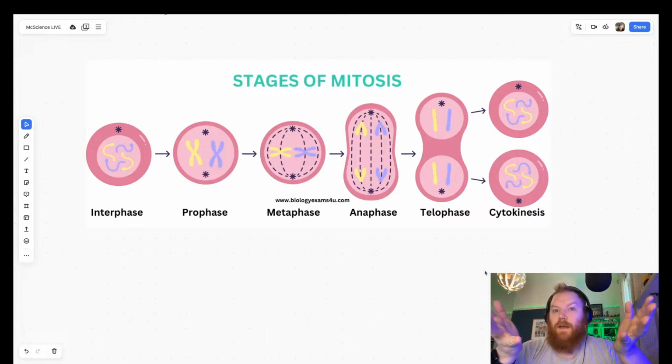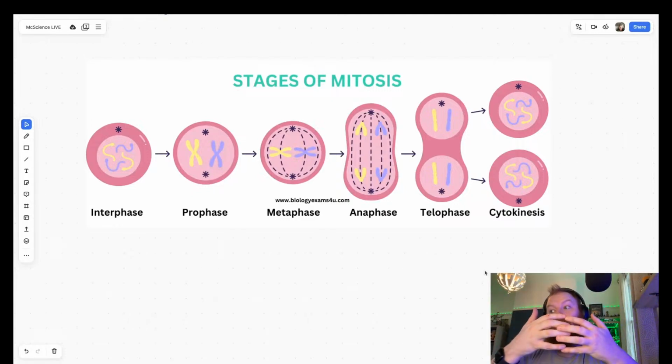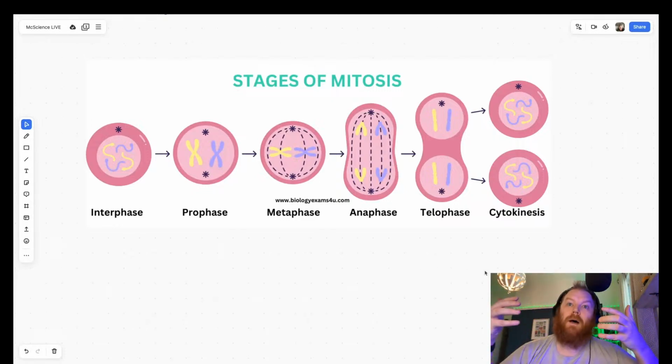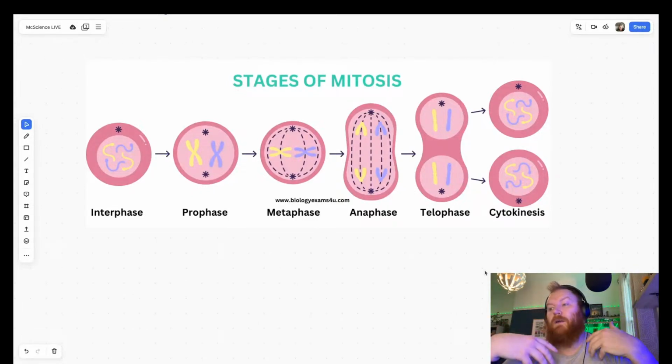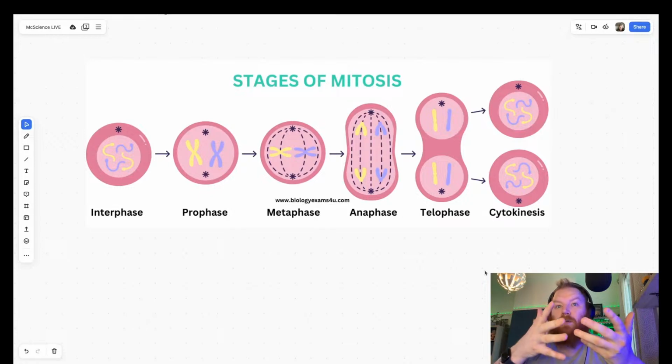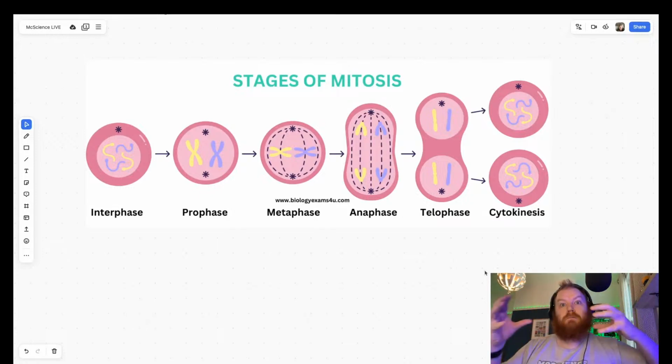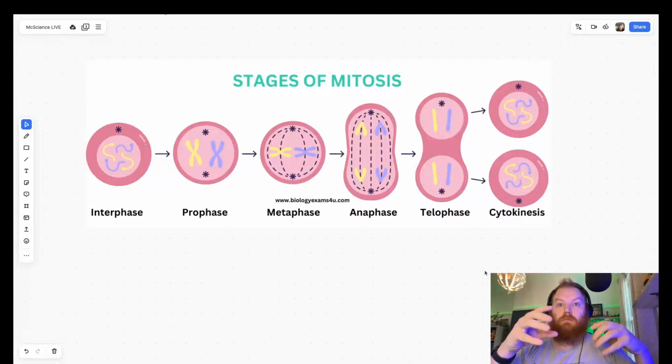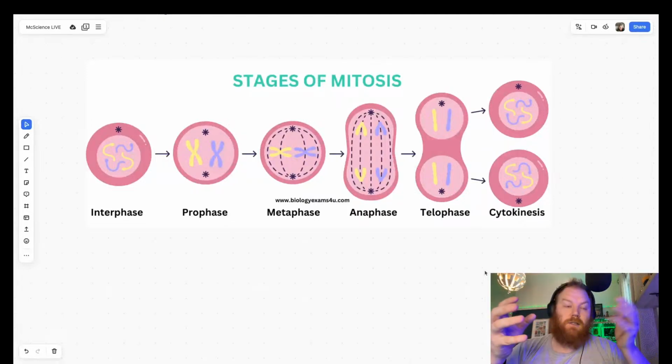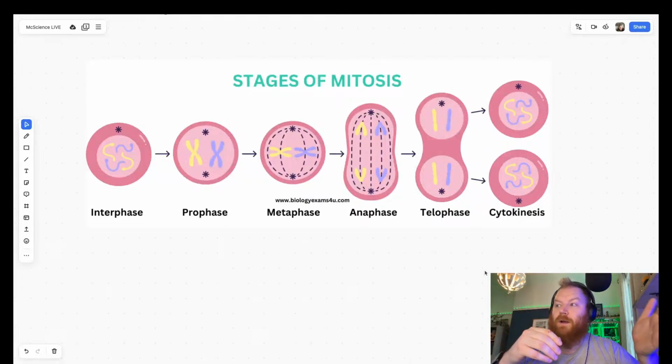Then at anaphase, spindles pull them apart, and they get pulled to opposite sides, because if we're making two identical daughter cells, we need to make sure that we pull the double lot of chromosomes apart, so we know that we've definitely got 23 on one side and 23 on the other.